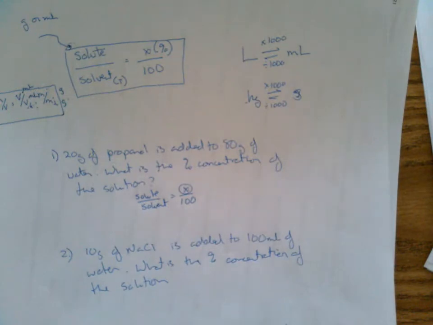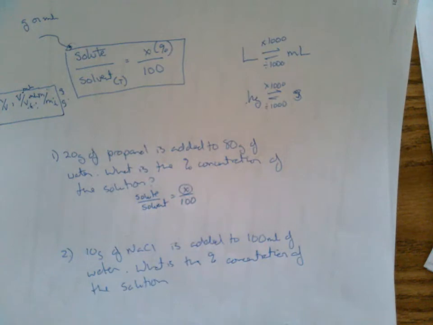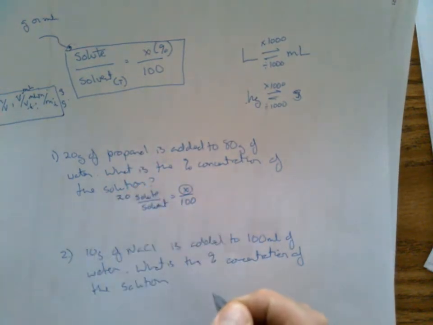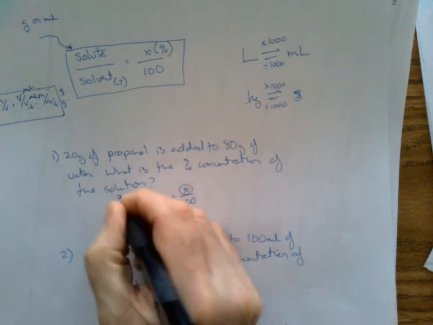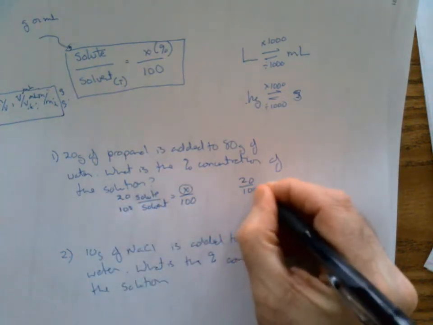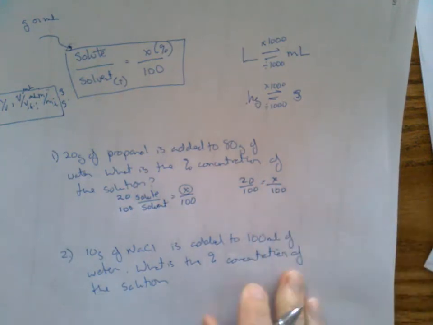Now, this is a mass per mass, so they give you grams and grams. It's a mass per mass, so you need your solute on the top, and on the bottom, you're going to need your total. So it's going to be 80 plus 20 is 100. So what we have is we've got 20 over 100 equals x over 100.